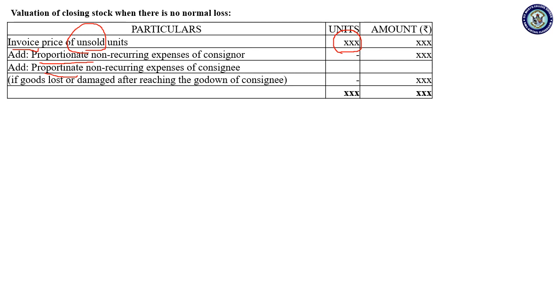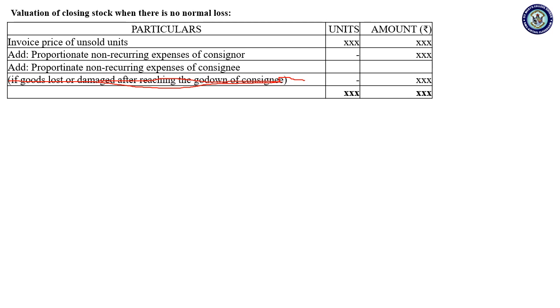You just write these three things: invoice price of unsold units, add proportionate non-recurring expense of consignor. Don't write the line about goods lost or damaged after reaching the godown, it is irrelevant information for the calculation of closing stock. It is for the next format.